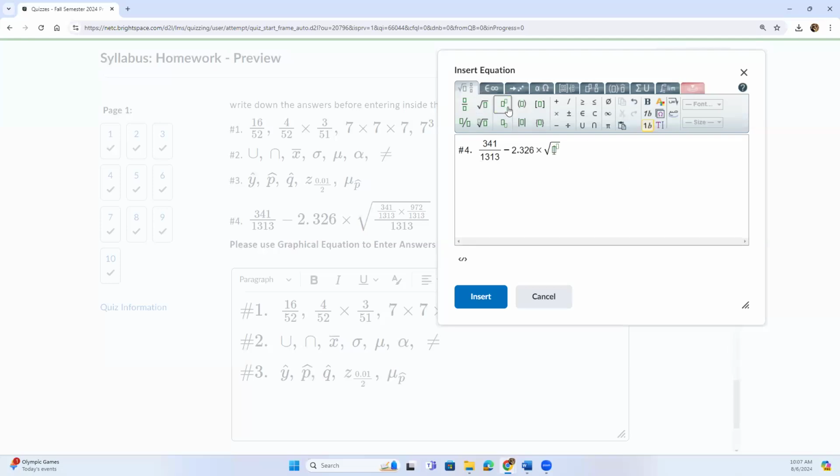Inside the square root, there's a fraction, and on the top of the fraction is 2 more fractions. 341 over 1313 times another fraction bar, 972 over 1313, and the whole denominator is 1313.